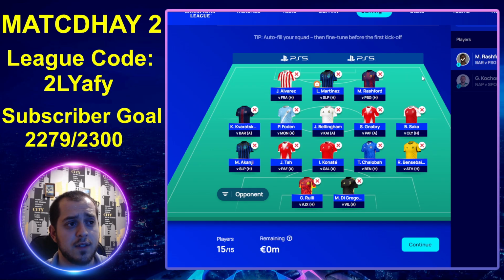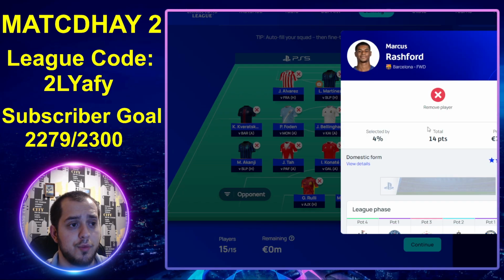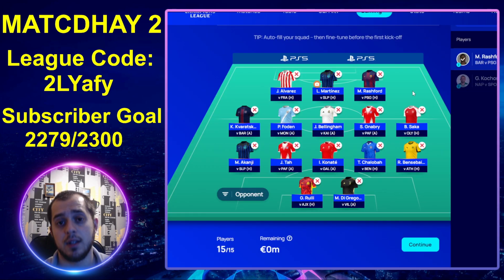Against PSG, I think Rashford also has the ability to have that moment to score a goal, because Raphinha is going to miss the match, and nobody knows if Lamine Yamal starts or not because he had an injury. So Marcus Rashford will be in the starting lineup. That's 100%. So at forward under a 7 million price, and ownership 4%, he is also a good differential. So guys, thank you for watching.